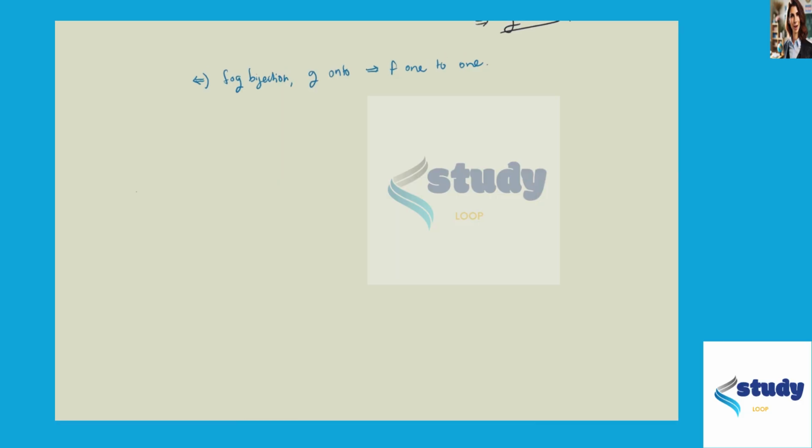To do this, let's take two elements, x and y, elements of B, and because g is onto, we know that there are elements w and z, elements of A, such that g of w is x and g of z is y.